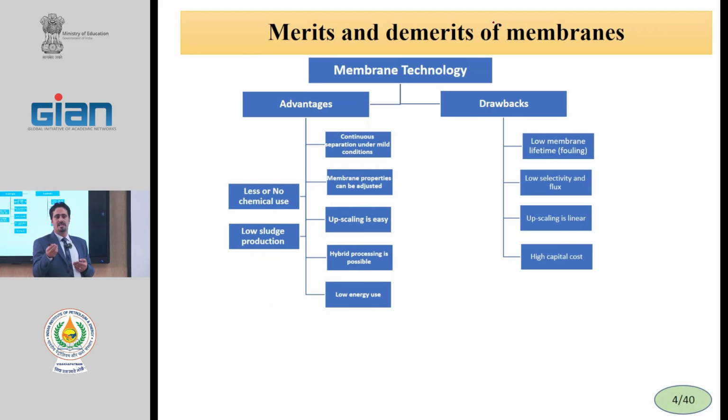For example, in dairy industry, we wash every day the membranes because the protein of milks can attach to the membrane surface and causing fouling. But in reverse osmosis membranes, we usually wash the membranes every 3 months.